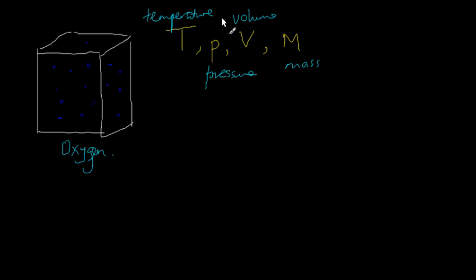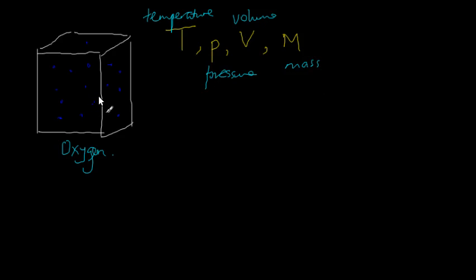So in principle, actually in practice as well, all of these quantities can be measured. You might need a slightly more complicated instrument for the pressure, and for temperature you would need a thermometer.